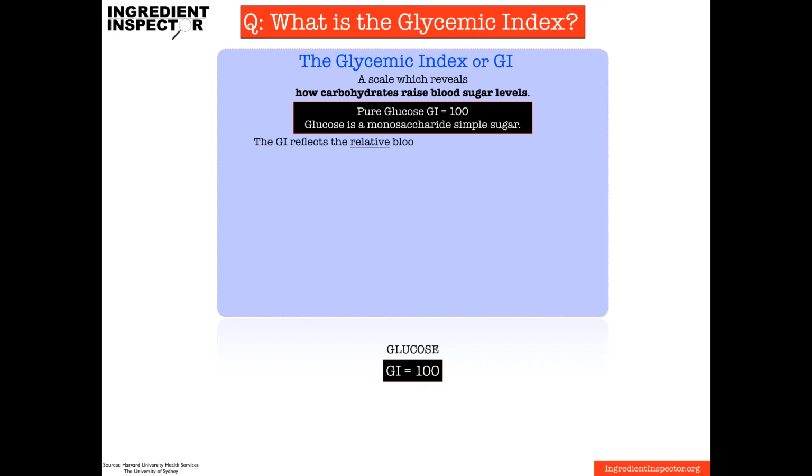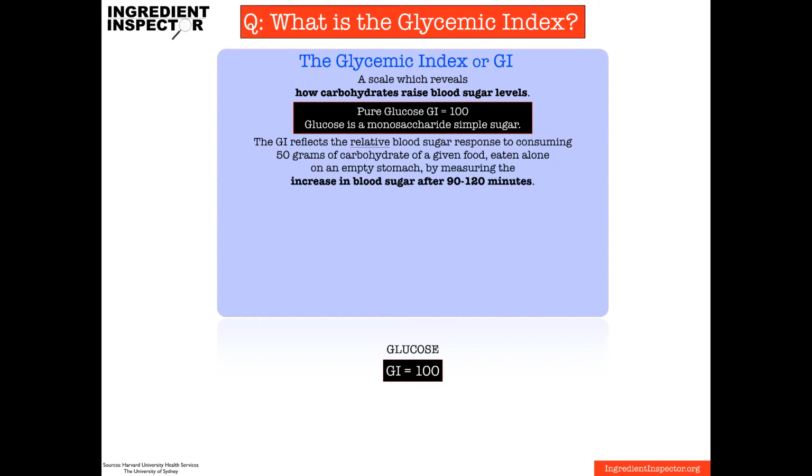The GI reflects the relative blood sugar response to consuming 50 grams of carbohydrate of a given food, eaten alone on an empty stomach, by measuring the increase in blood sugar after 90 to 120 minutes, or an hour and a half to 2 hours.